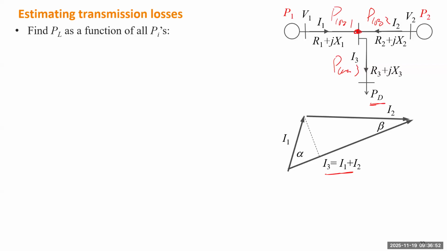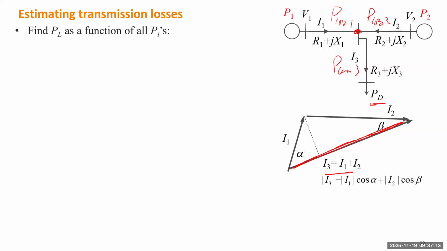Which will form a triangle because all the 3 currents are vectors, phasors. Because we only want to know the magnitude of the current, the magnitude of I3, which is the length of this phasor, will be the longest edge of this triangle.